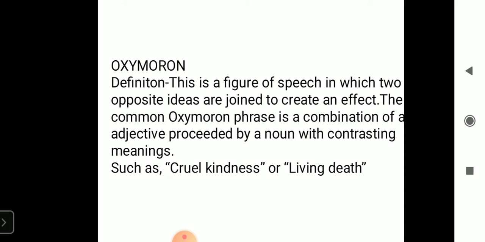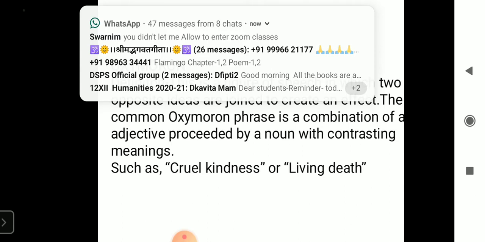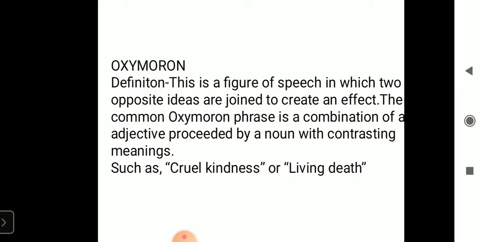Okay, it is a combination of an adjective preceded by a noun with contrasting meaning. ठीक है, सेम मीनिंग नहीं होगा, कंट्रास्टिंग मीनिंग होगा, then it is called oxymoron. Okay, in a single phrase or in a certain line, if you get two adjectives having contradictory meanings, right, and coming together, then only it is called oxymoron.